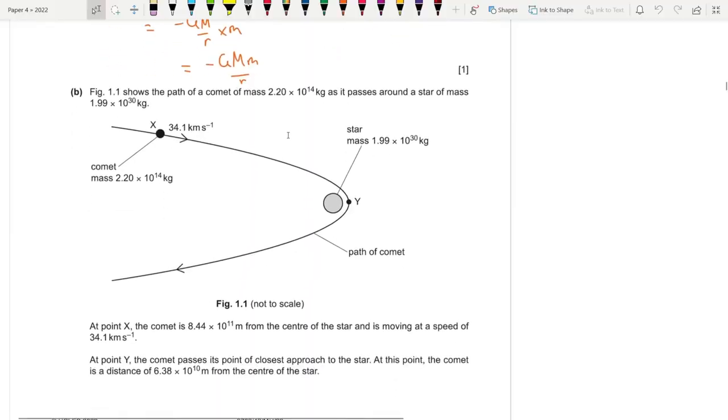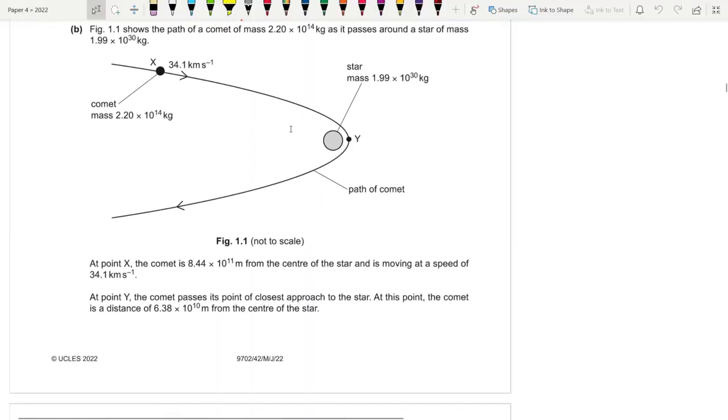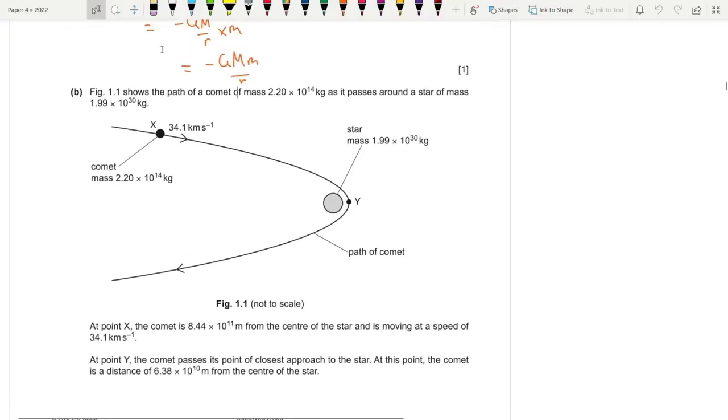Figure 1.1 shows the path of a comet of mass 2.20 × 10^14 kg as it passes around a star of mass 1.99 × 10^30 kg. At point X, the comet is 8.44 × 10^11 meters from the center of the star and is moving at a speed of 34.1 kilometers per second. We're talking about this point. At point Y, the comet passes its point of closest approach to the star.